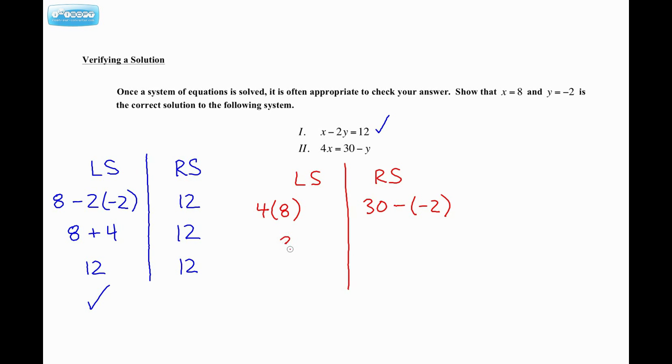So this is 32. When you're subtracting a negative, that's the same as just adding a positive. Yay. 32 is equal to 32. So we have in fact verified that this solution does solve the system because it works for both equations.